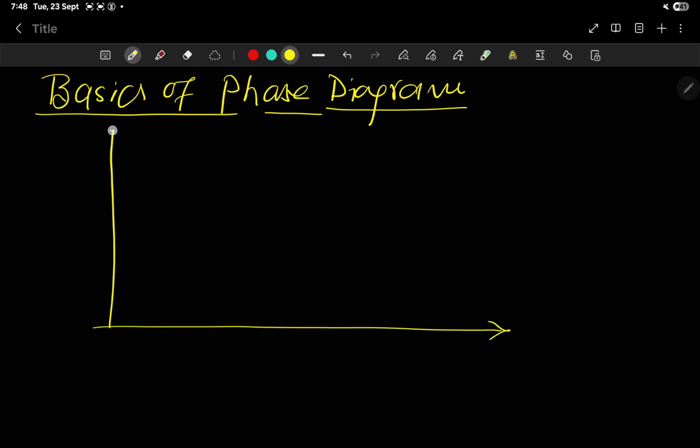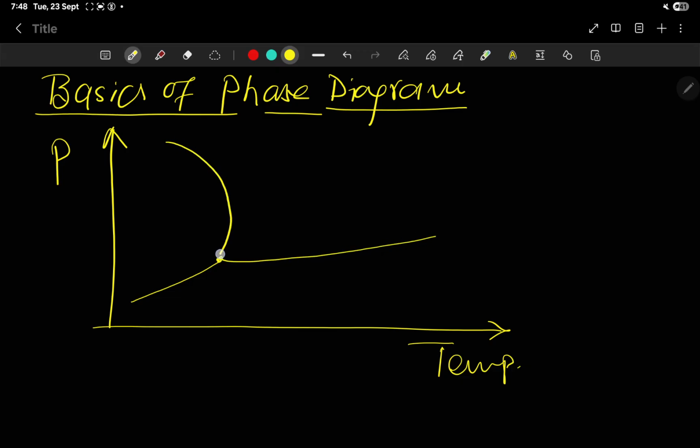This is a pressure versus temperature curve for ice. So, how do three different phases exist in case of water?